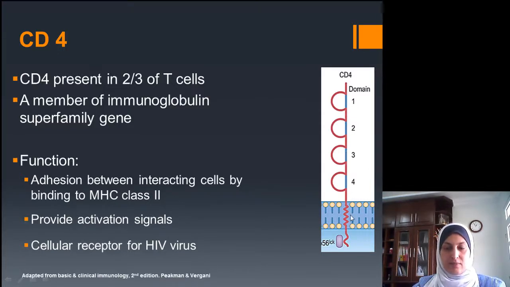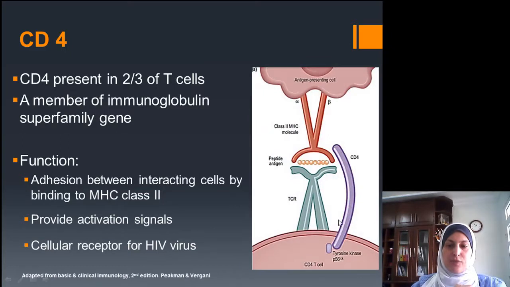This is the cell membrane. And the function of CD4 is, first, it improves the adhesion between the antigen-presenting cell, for example, and the CD4 T cell. So this is the T cell receptor communicating with the MHC molecule holding the peptide.